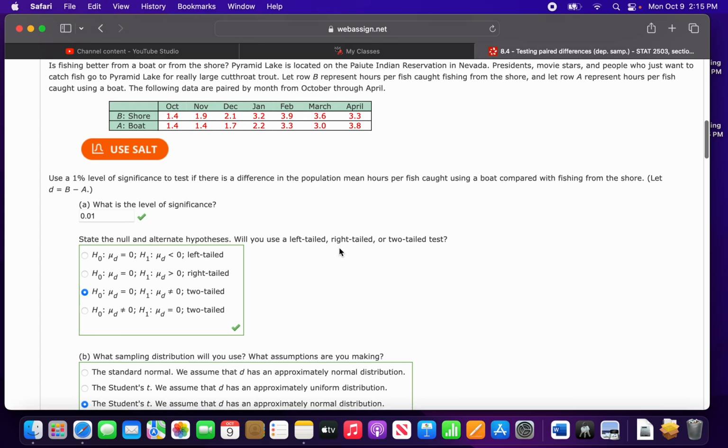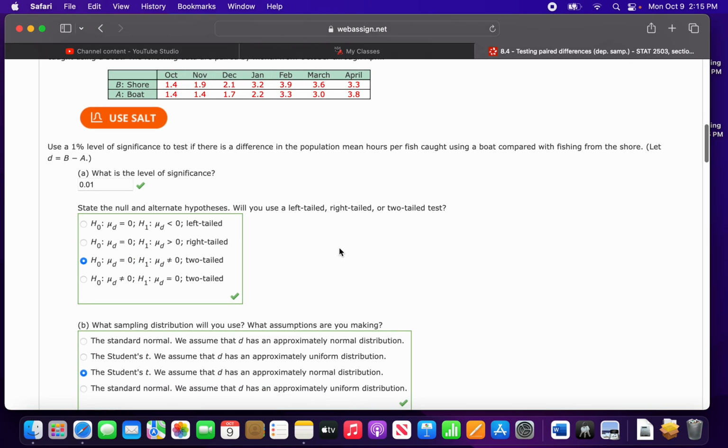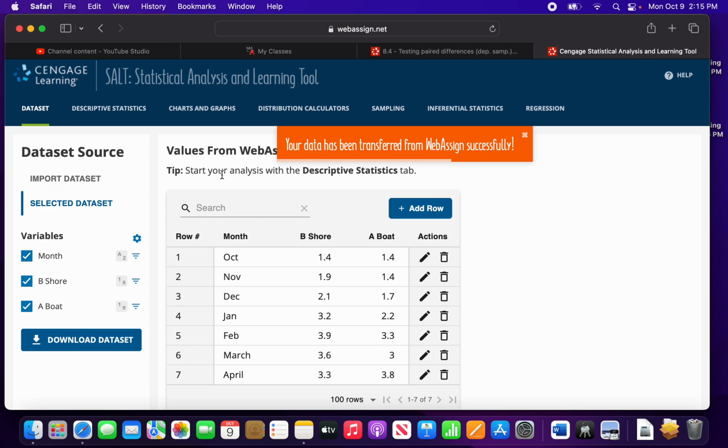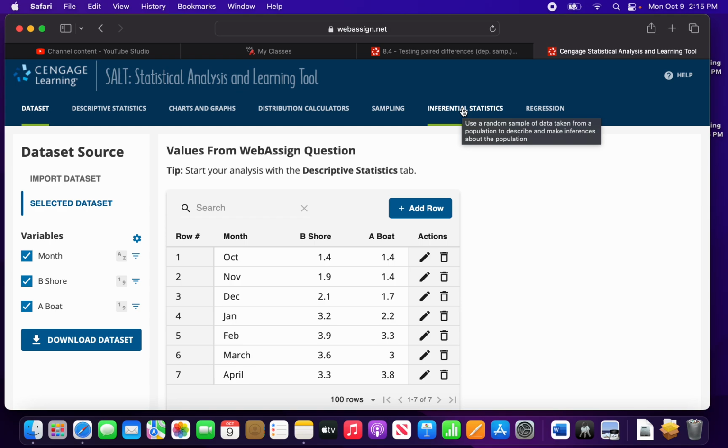Now, as far as the analysis goes, when you press SALT and the next screen opens up, your data will be pre-populated in here, shore, boat, and what we're going to do is in this navy box, we're going to select inferential statistics.